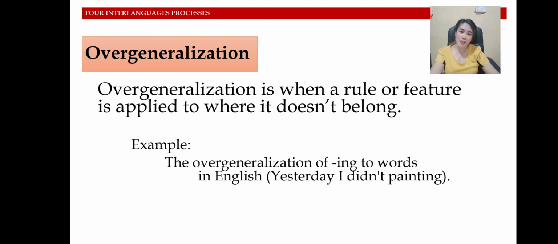The second one is overgeneralization. This is the term used most often in connection with language acquisition. For example, some children used to say "foots" instead of "feet," which tends to overgeneralize the morphological rule for making plural nouns.